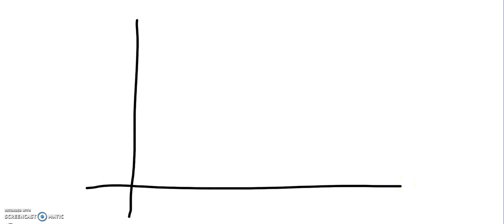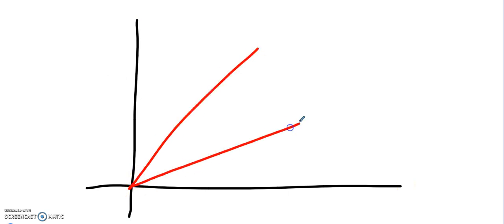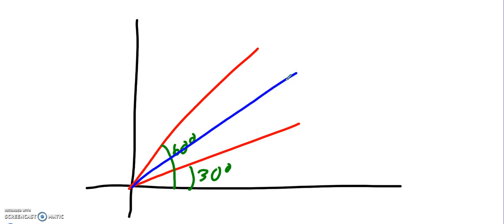Well, the angles that we care about on the unit circle, we get these angles from trisecting. So I know this is going to be 30 degrees, and this one here is going to be 60 degrees. But then I'm also going to bisect the angle, and I know that this angle here is 45 degrees.